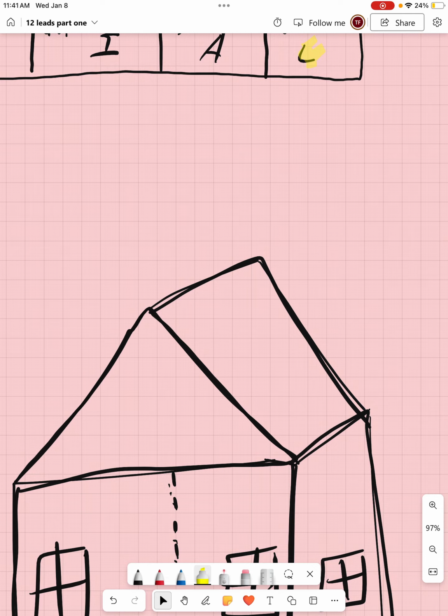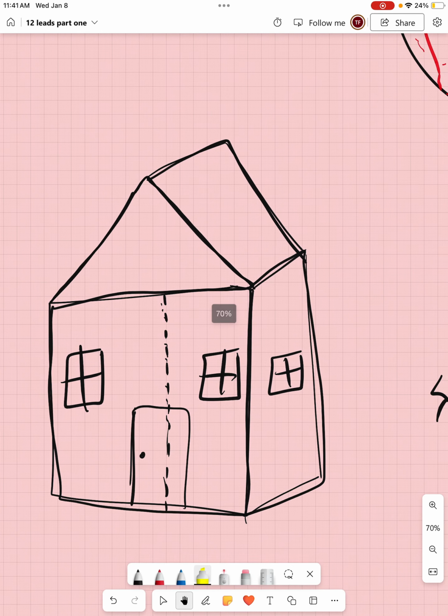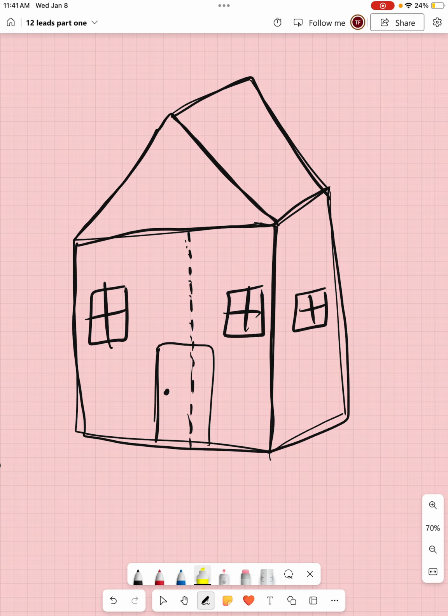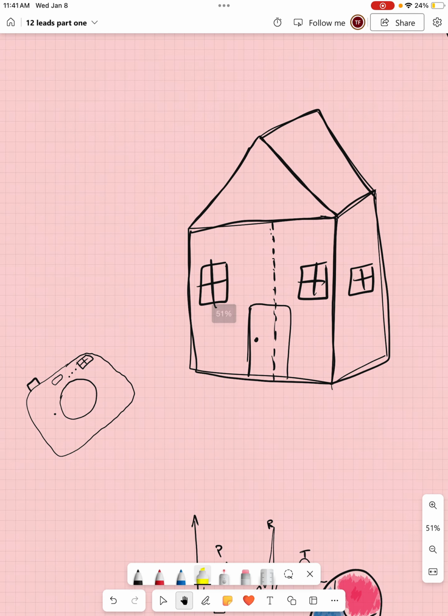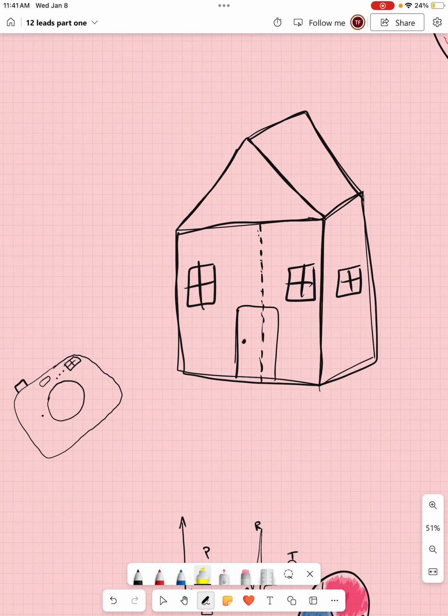So I want to give you guys a little analogy here. This helps me. I like analogies, and it just helps me visualize things. So I've drawn a house, and let's say that you were in the market for a house, and you get on Zillow and you see one you like, but you're not just going to go out and buy the house.